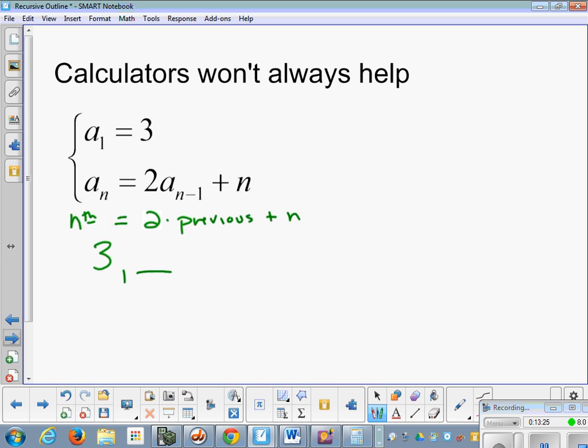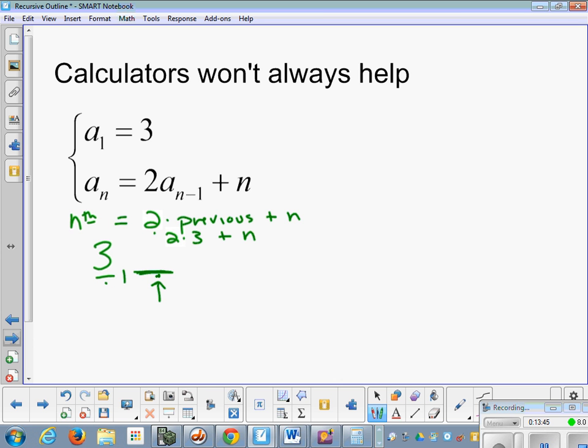That's interesting. Not the nth term, n. So in order to find this nth term, I take 2 times the previous term, 2 times 3, plus n. Well, what term am I looking for?